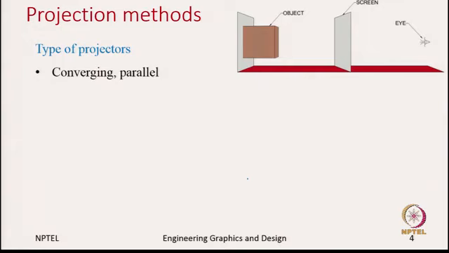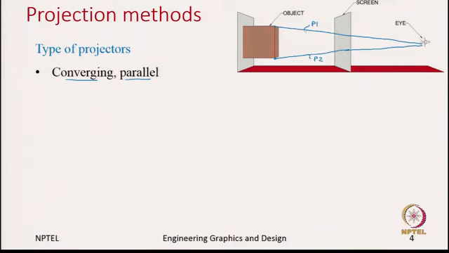There are 2 kinds, the converging and parallel. In this case, let us say we are drawing one projector from the object to the eye, and then we have another point and we draw another projector from that point to the eye. We have two projectors, let us call them projector 1 and projector 2.